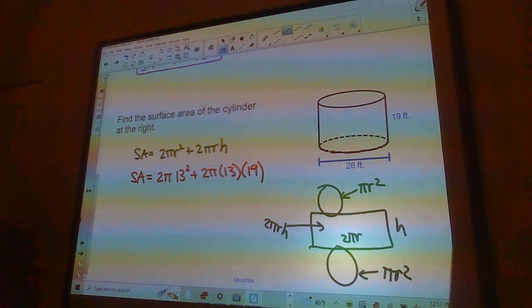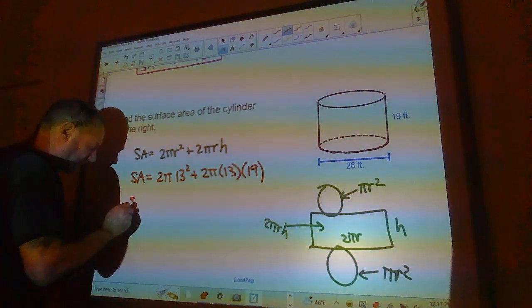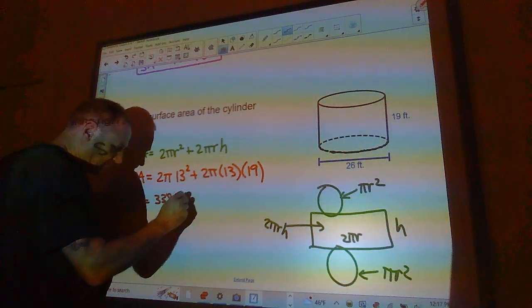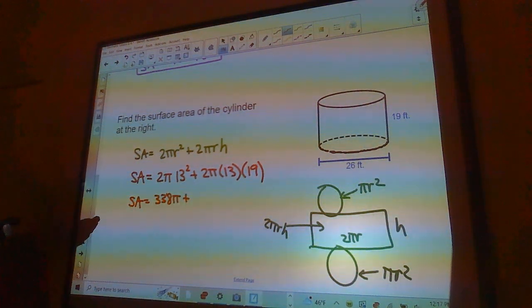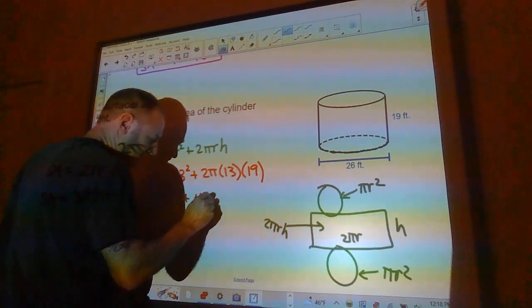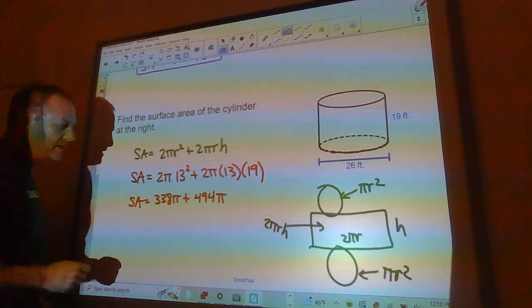Let's get out our calculator. 13 squared is 169, times 2. So this part right here is 338 pi. Plus 2 times 13 times 19 is 494 pi.